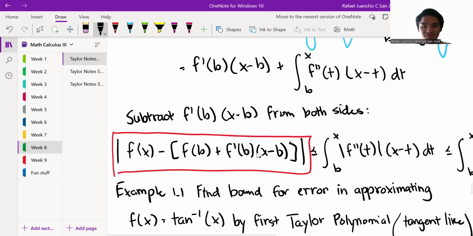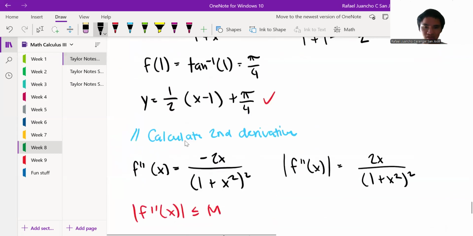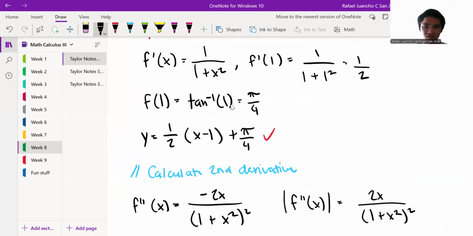That's all the formula. X minus b. I feel like it's x minus f of x? Where did I get f of x actually? It's an f of b thing.